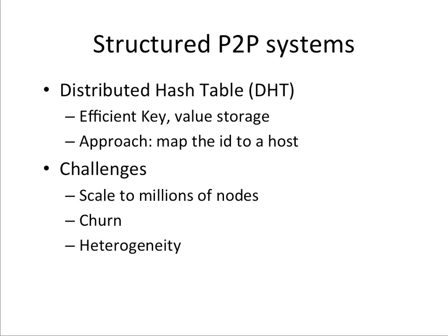For example, slots 0 through 5 are going to reside on machine A. Slots 6 through 10 are going to reside on machine B. In order to actually get this to work, we need a way to map the ID or the key to a particular host, because we're now storing some part of the key space on one machine and the remaining part in another machine. So we need a very reliable way to map this key to a particular machine. Does that make sense?